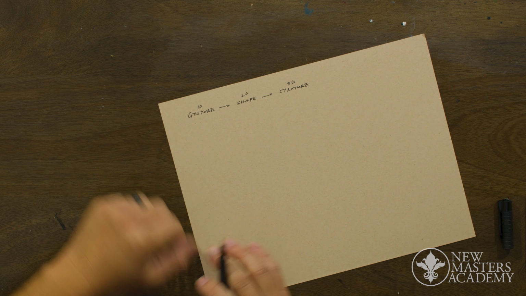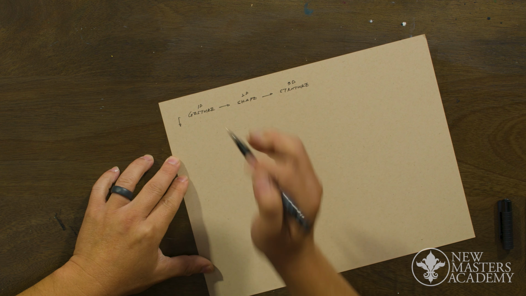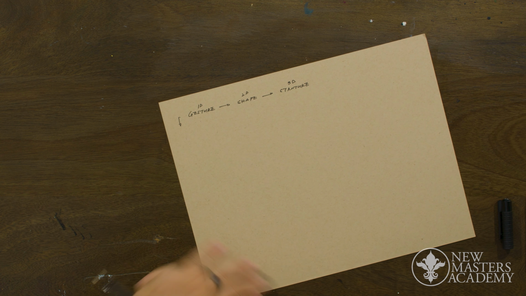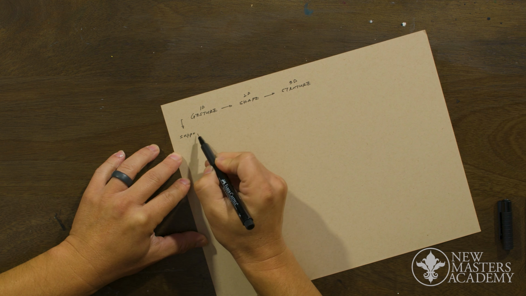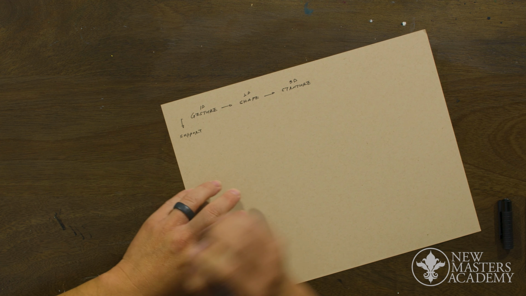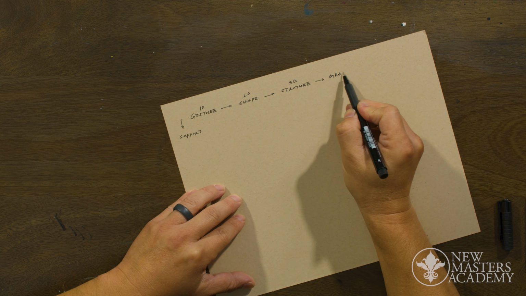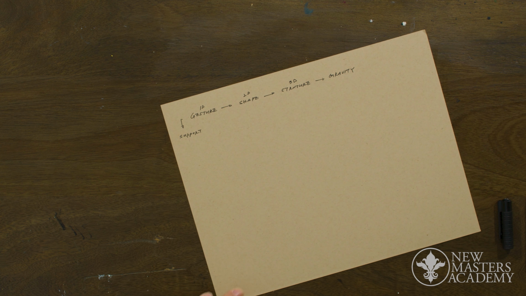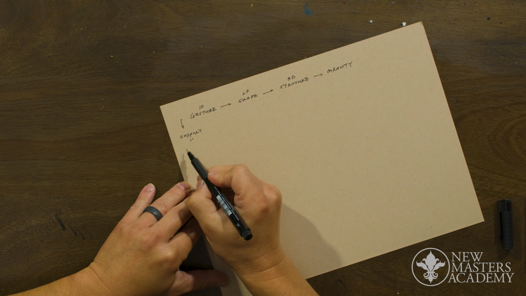I should leave some room, so I'm just going to bring it down here. I'm going to add a support, and at the end, I'm also going to add gravity. Support we can also call point of tension.